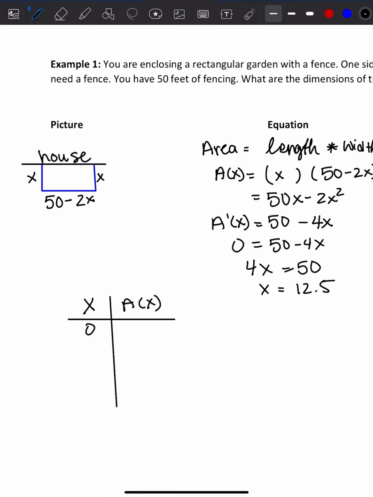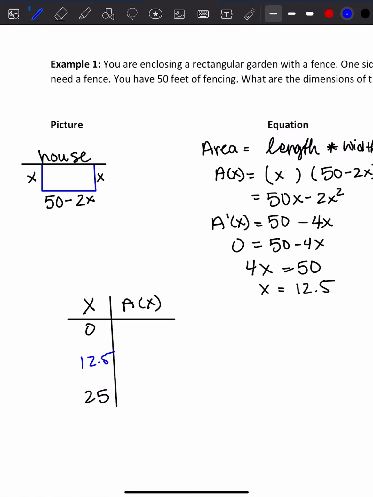This would give me this side right here a length of 0. The other endpoint is when this side equals 0, which would be 25. To find those two values, I just figured out what would make the sides of my rectangle equal 0, because after that, we don't have a fence anymore. The side we care about is that 12.5.